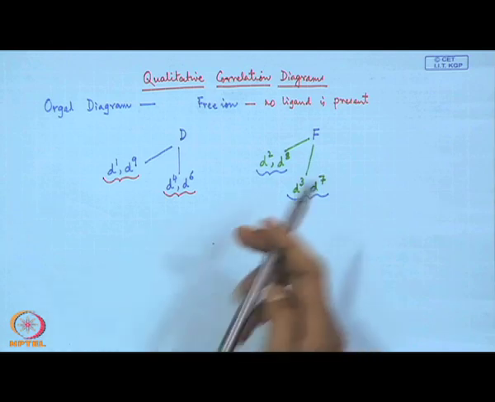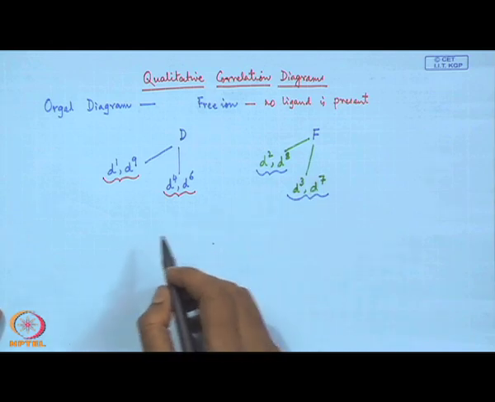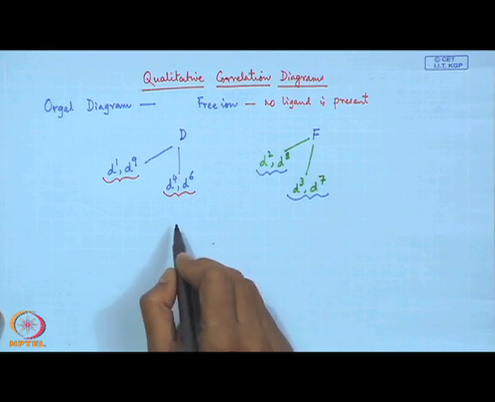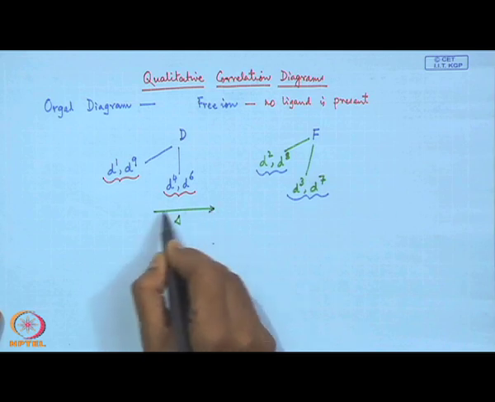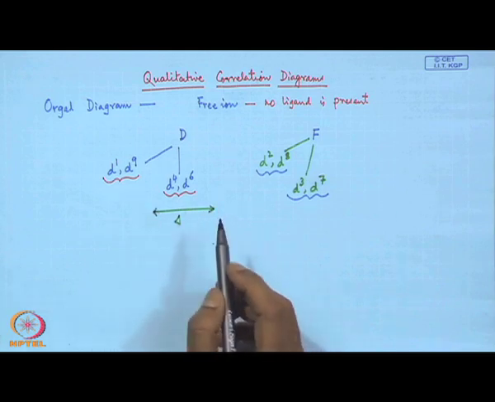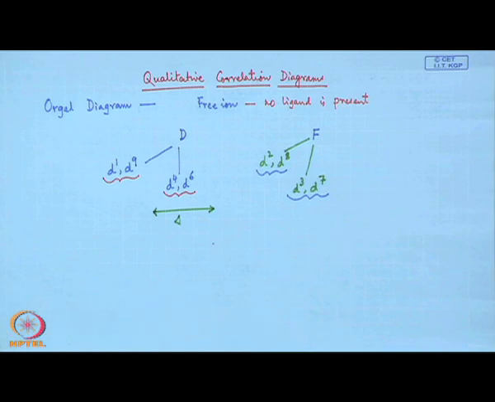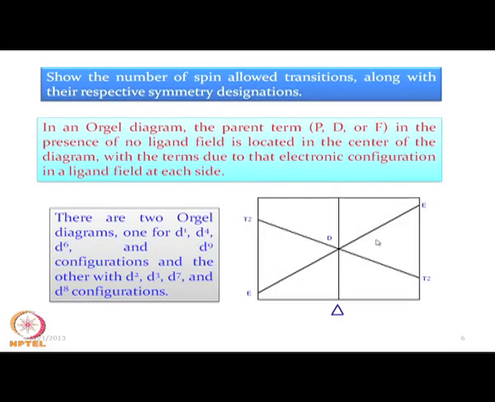So, how can these two terms split in terms of the crystal field? If we have the crystal field for these two terms, how can these two terms be split? So, in one such diagram we have the D term for these first 4 ions, one for the D1 electronic configuration and its hole equivalent, and in another case for the D4 and D6 electronic configuration.